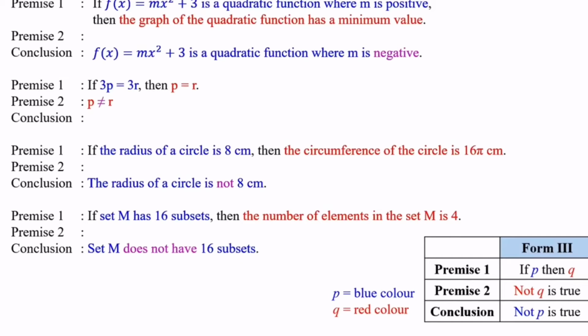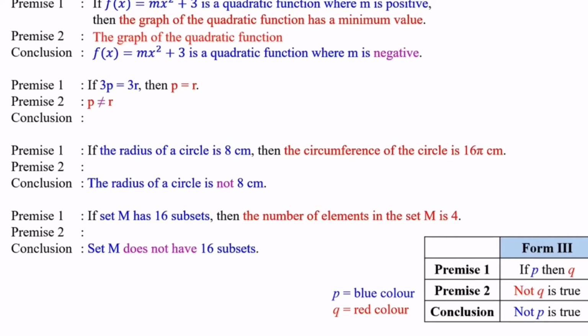For this type of question, it needs you to think. Now we'll copy down the Q: the graph of the quadratic function. But we need to negate the statement. We copy exactly, but we have to add a few words to negate it. I copy the graph of the quadratic function, and then I add a few words.